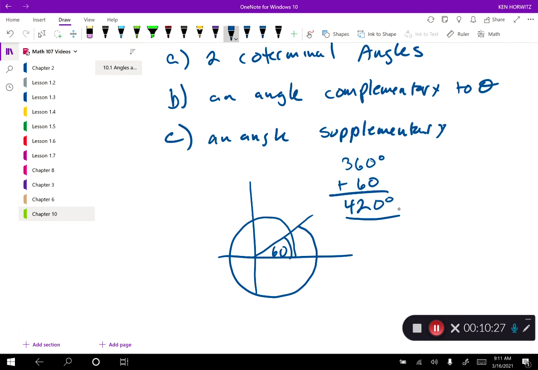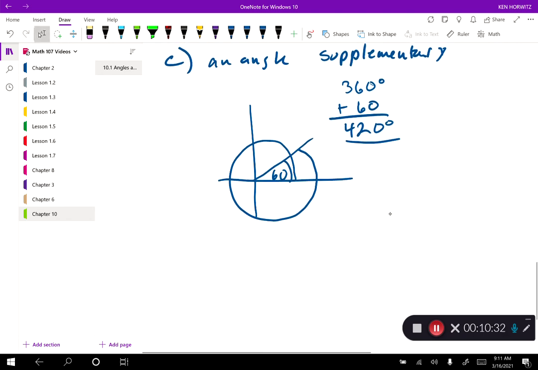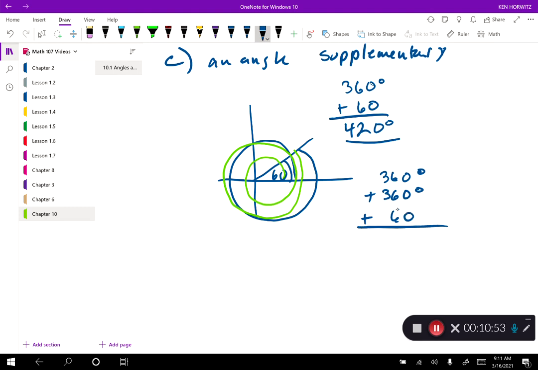And if I add another 360, right? Because what if I were to simply go around and around and add another 60? Well, I would have 360 degrees plus 360 degrees plus another 60 degrees, which would be 780 degrees. So there are two coterminal angles.